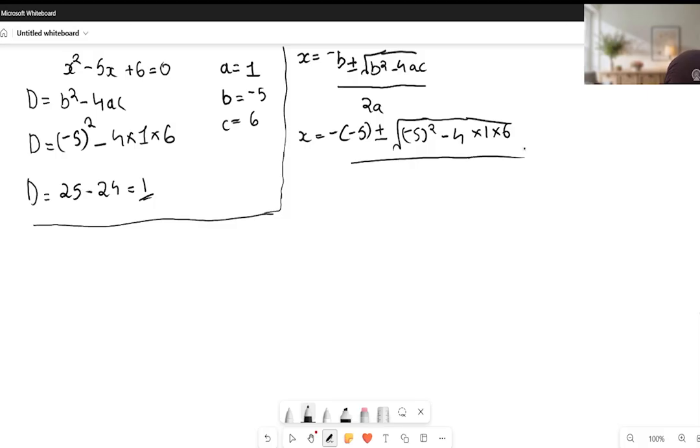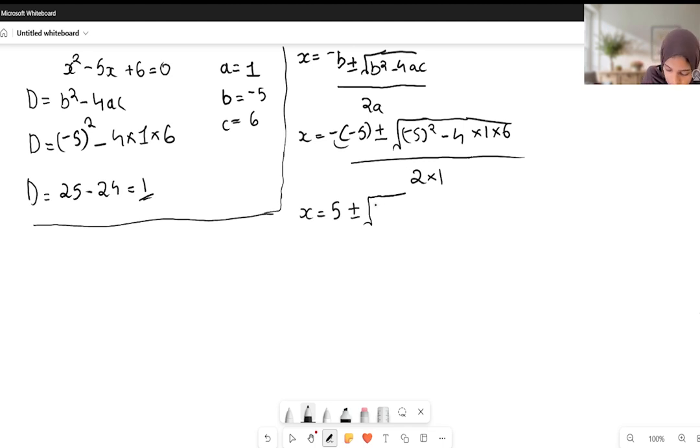Here the value of a is 1. So 2 into 1. So x is equal to minus into minus is going to turn positive. So it's going to be positive 5 plus or minus root of minus 5 square.